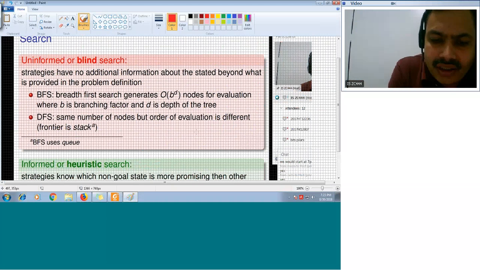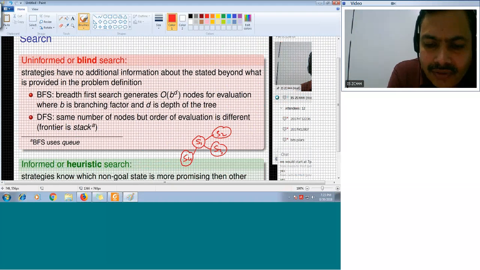Let's assume that you start from the S1 node, and then there are S2, S3, S4, S5, S6, S7, S8, S9, and S10.